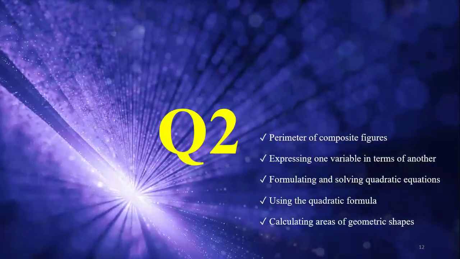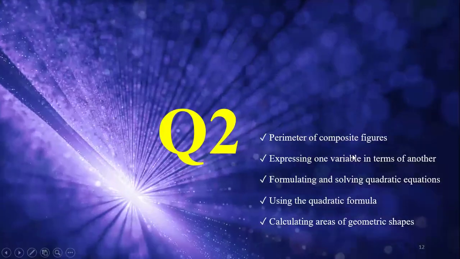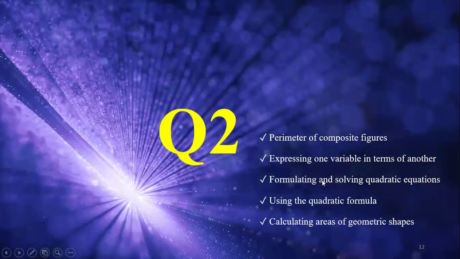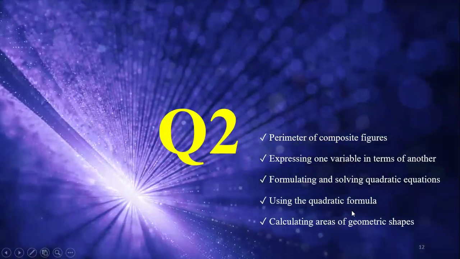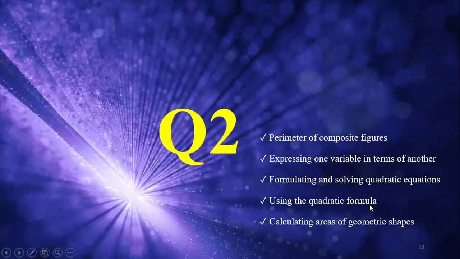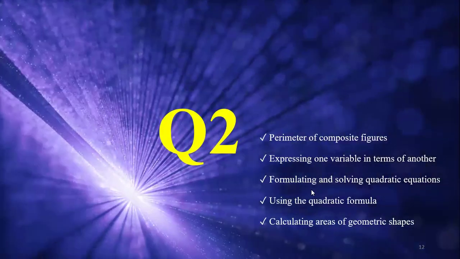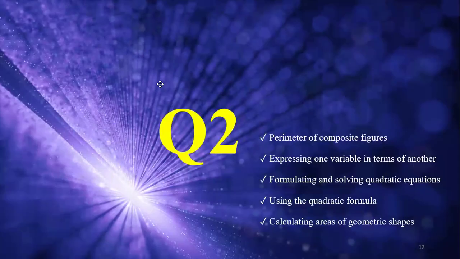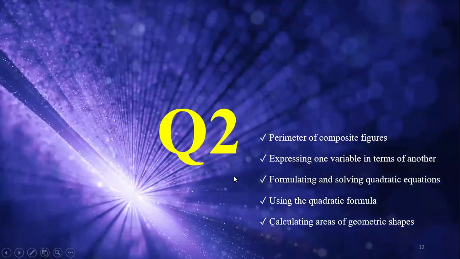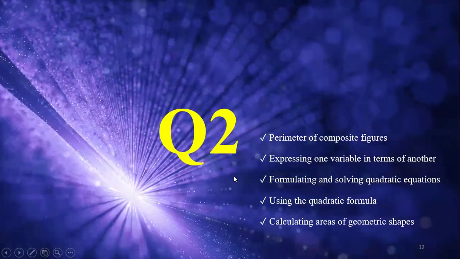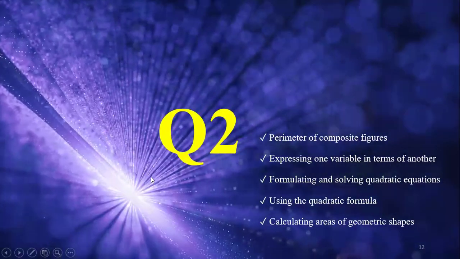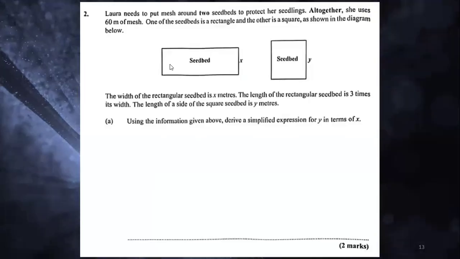So question 2 talks about parameter, variable expression, formulating quadratic formula, calculating areas of geometric shapes, etc. Right? Again, this can be used as a rough guide to tell you what's coming for question 2. Okay, so take note of it. So it says here, Laura needs to put mesh around 2 seedbeds to protect her seedlings.